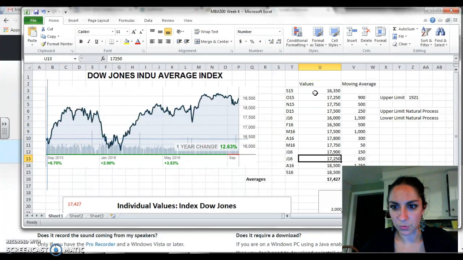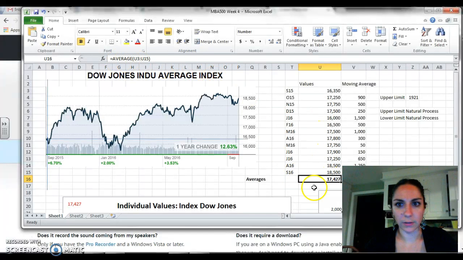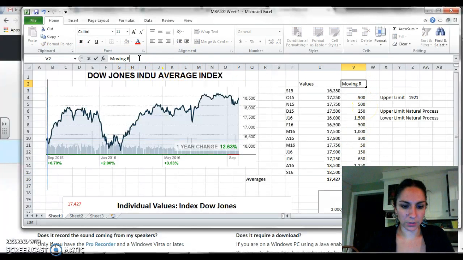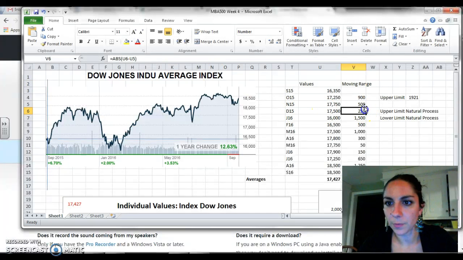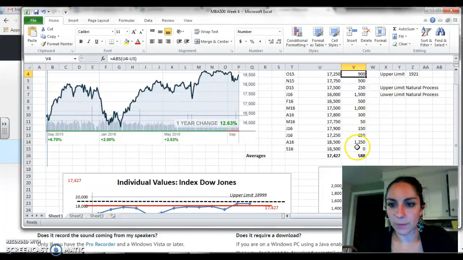You can see as I scroll down, Excel is wonderful because you can calculate averages pretty easily. Then I did the moving range. Not average, this is the moving range. Just like the book example, I found the difference between the two previous values and found them right there.